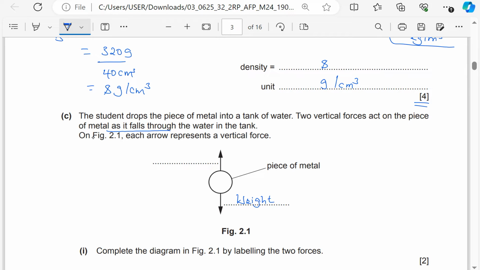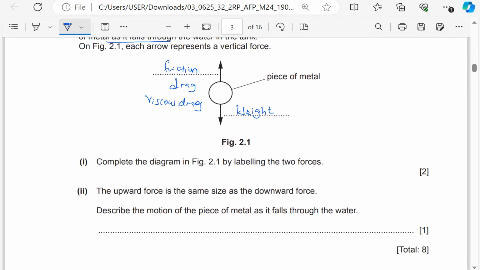This is going to be either friction, or you can call it the drag. If you want to be specific, you can say viscous drag, because friction in fluids is called viscous drag. Then complete the diagram by labeling the two forces. So I said it is friction or drag, or you can say viscous drag.